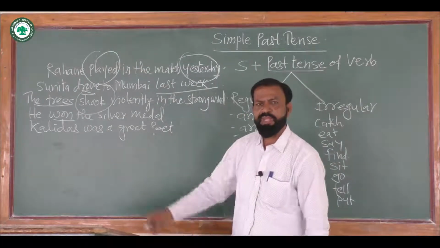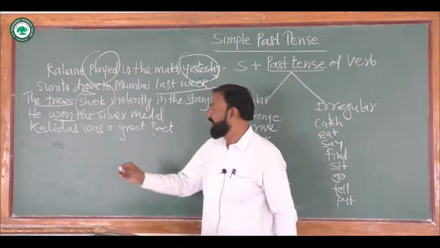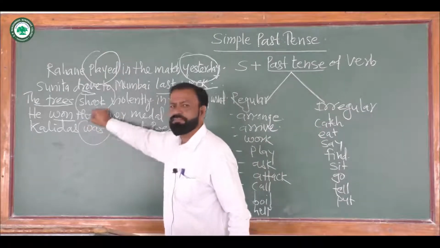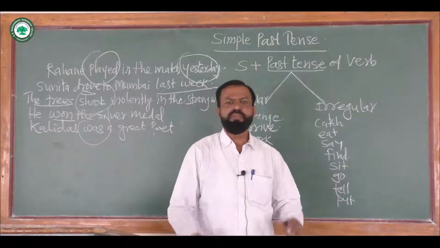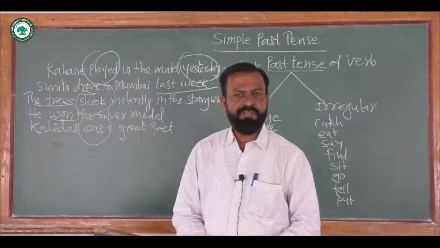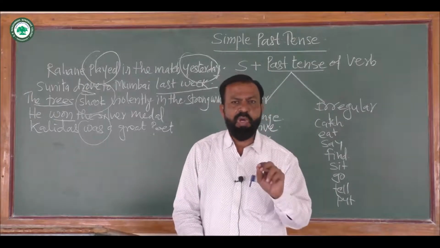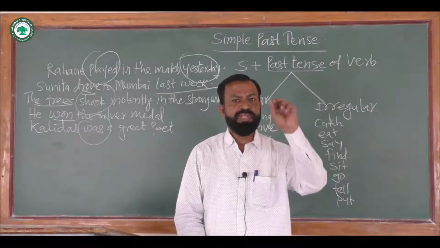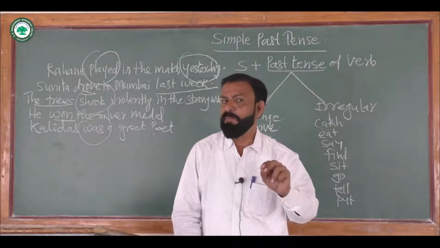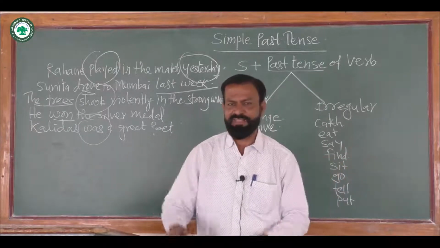In the same way, when I say Kalidas was a great poet, the verb was is actually an auxiliary verb, but here in this sentence was plays the role of the main verb. So here was is the main verb and it is the past tense of is.